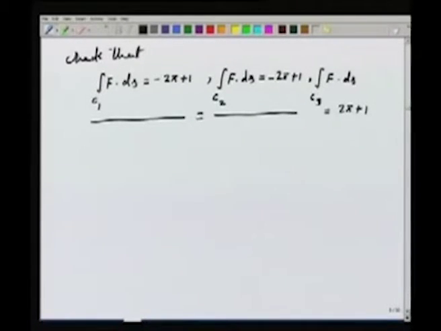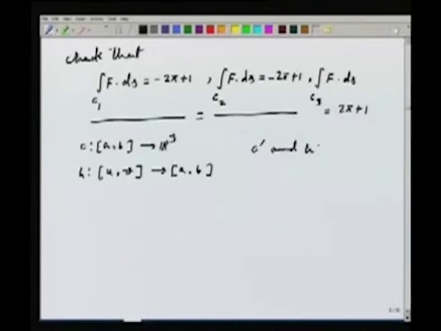Let me explain it. Suppose I have a curve C from a, b to R3, and suppose I have a map H from u, v to a, b. Assume that C and H have the property that C prime and H prime are both continuous.